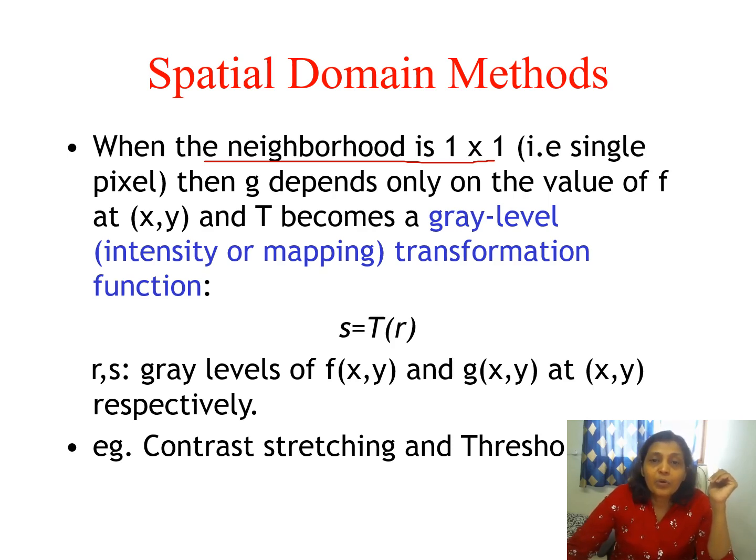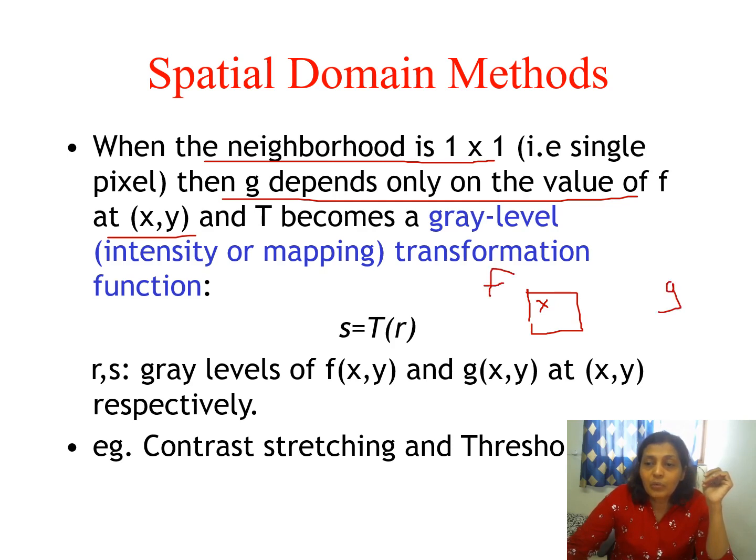When the neighborhood is 1 by 1, that is a single pixel, then g depends only on the value of f at xy. What I want to say is, if this is your image having this particular pixel xy, this is f. We are going to have a new image with the same size as f.